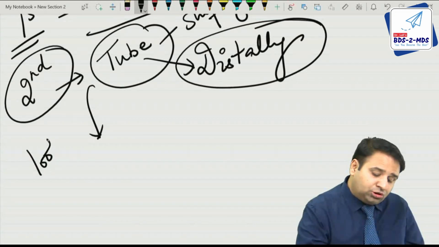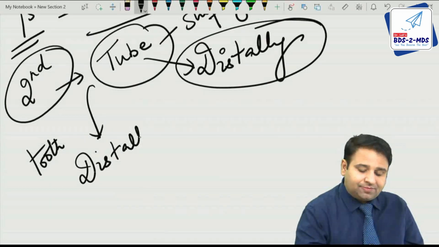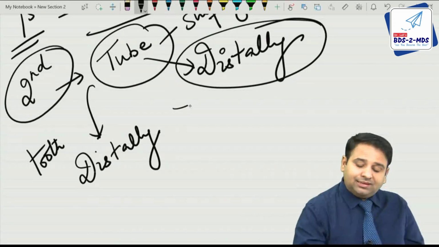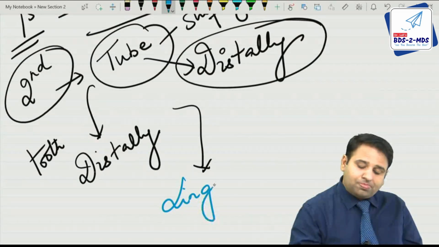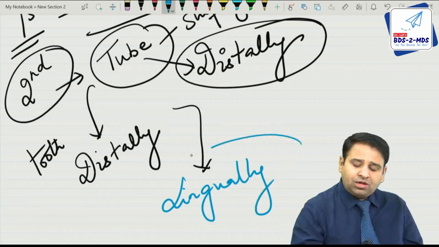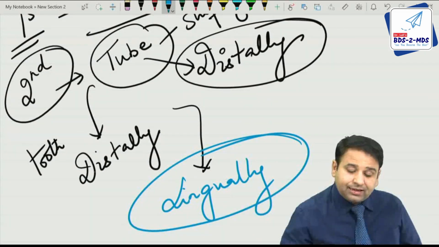If the tooth shifts distally, that means the tooth is lying lingually, because same lingual, opposite buccal, right?